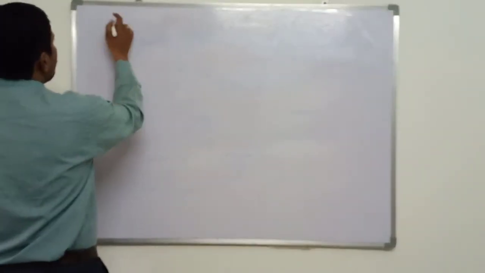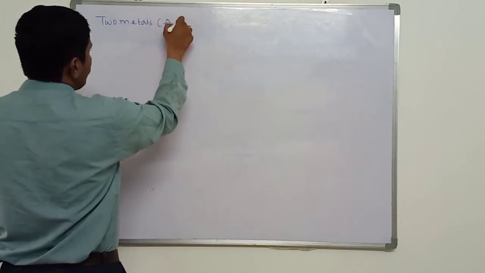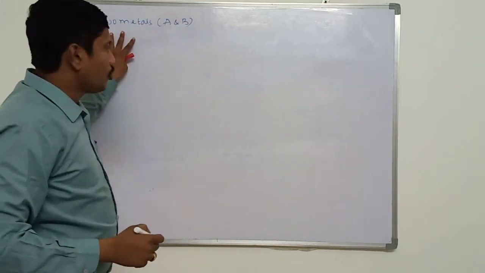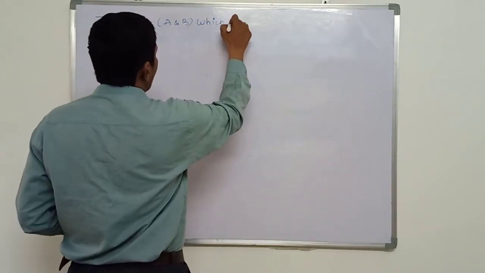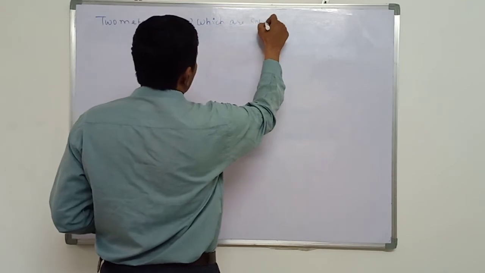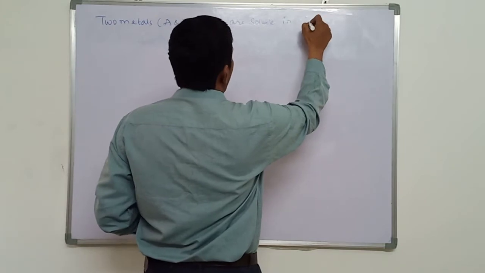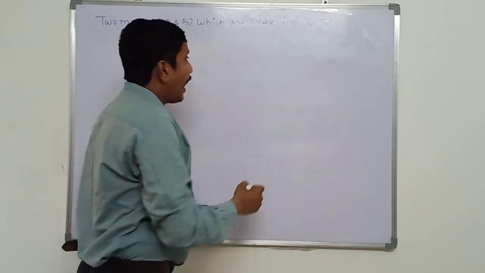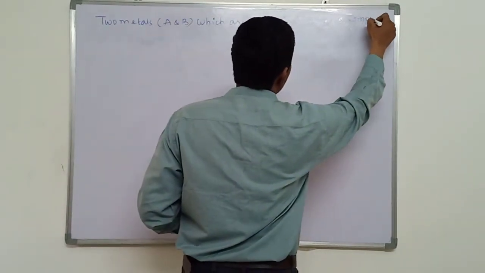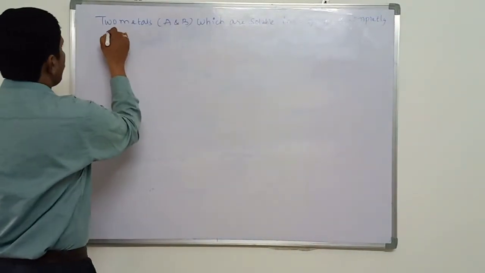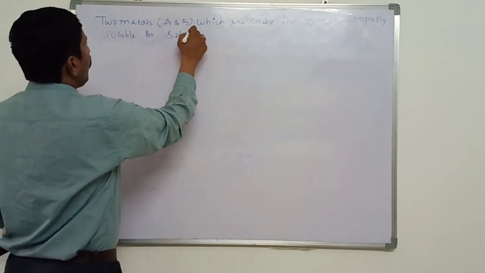So if the two metals which we consider as A and B, I'm assuming the two metals as A and B, are completely dissolved in liquid phase or liquid state, and the two metals are completely soluble in solid phase or solid state.